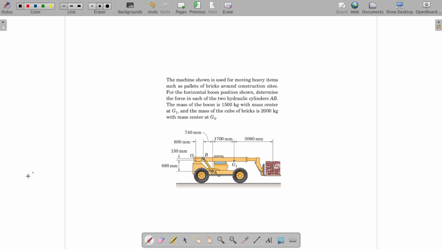You have O here, about which the whole arm rotates. Then you have B here, a little bit above O, and that distance is given to be 150 mm.